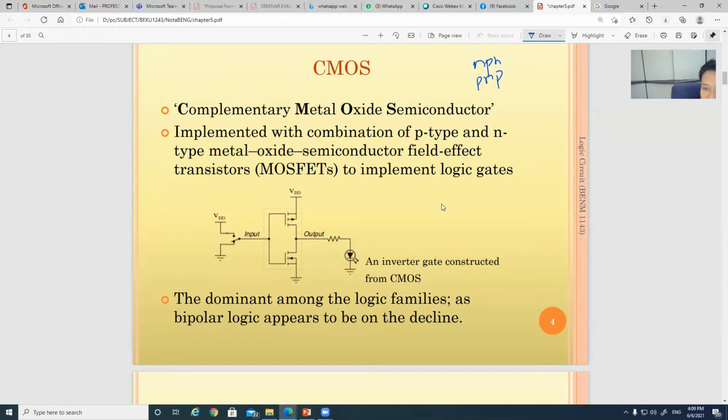This is an example of the MOSFET, and then we have the inverter gate constructed from the CMOS. Among the logic families, bipolar logic appears to be in decline.